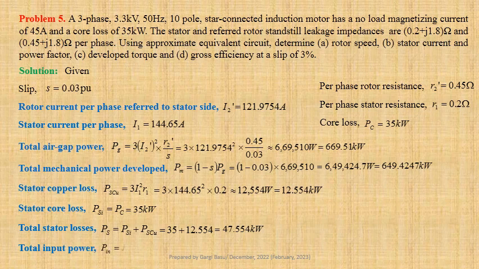Let us now compute total input power. P_in equals P_G plus P_S. Using values we get 669.51 plus 47.554. That gives us 717.064 kilowatt.